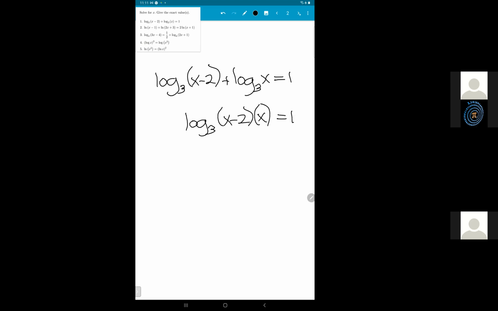This came from the property that log of mn is equal to log m plus log n.